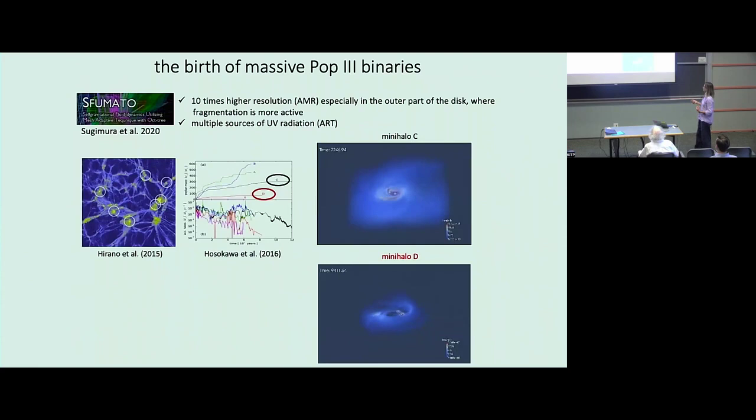I have to speed up the calculation, of course, but you see clearly the formation of multiple stars. They interact, they sometimes merge, and they start to inflate these large H2 regions, which then affect the dynamics of gas accretion and the resulting stellar mass.